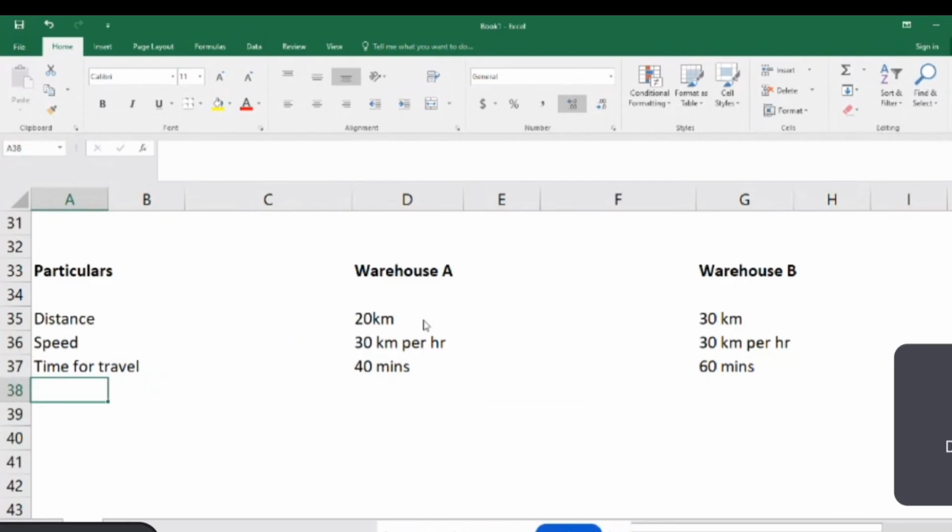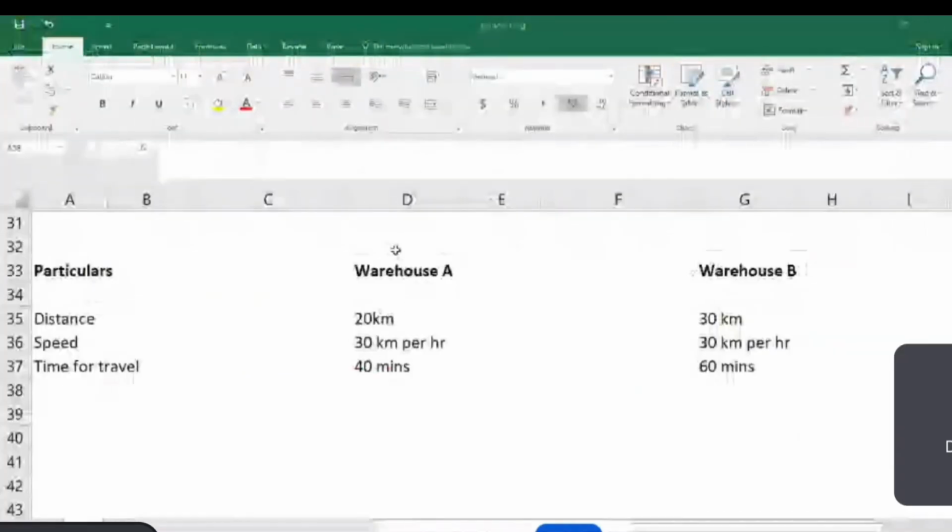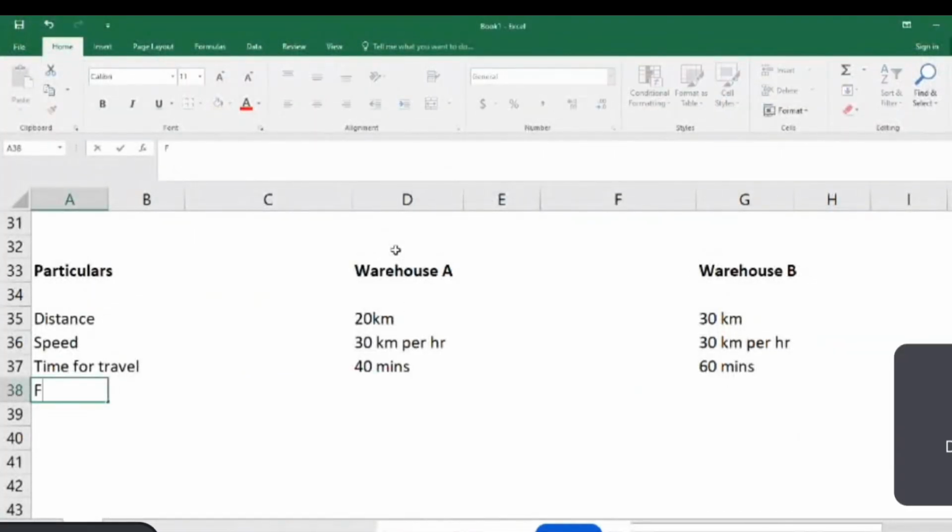Then for loading and unloading it is taking certain time. They have told it regularly takes 40 minutes to load at the factory. At warehouse A unloading takes 30 minutes per load, while at warehouse B it takes 20 minutes per load.